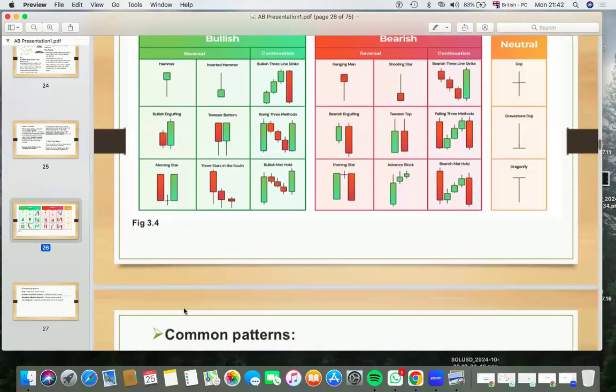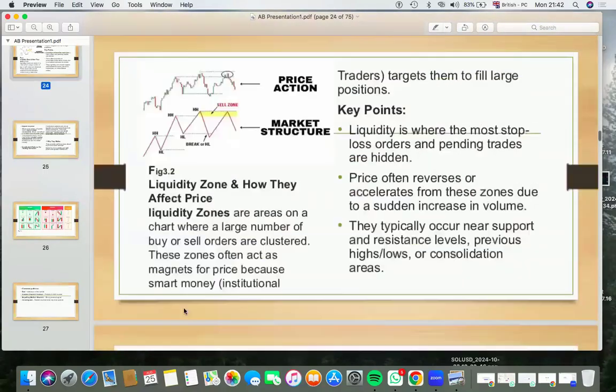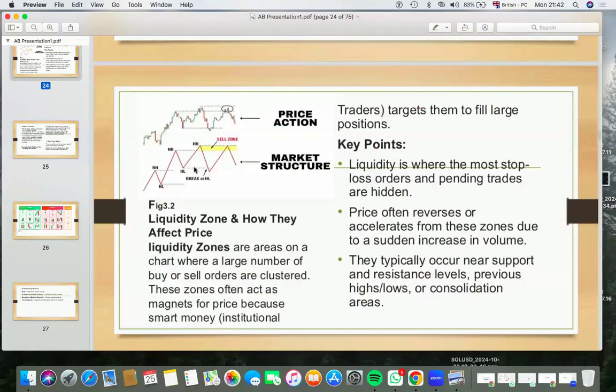Okay, the market structure. When we spoke about market structure the last time, we said the market doesn't really move in a straight direction, right? So it's either going in an upward trend or a downward trend, and there is also a trend which is just stagnant, and that's when the market is not moving.